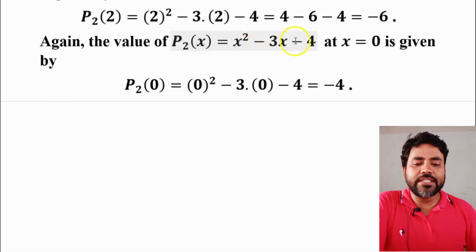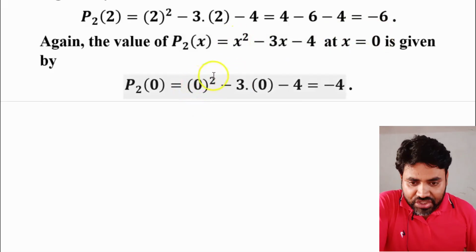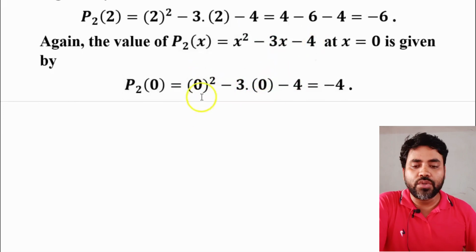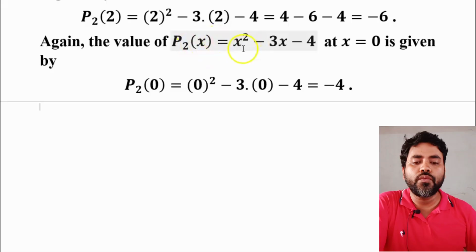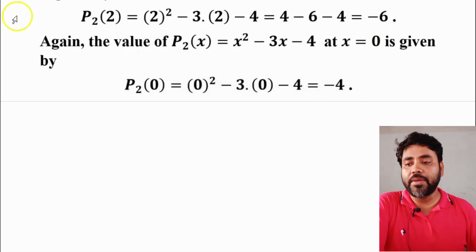Take this polynomial x square minus 3x minus 4. If we replace x by 0, we get 0 square, 3 into 0, minus 4. So it gives minus 4. So the value of p2(x), which is x square minus 3x minus 4, at the point x equal to 0 is minus 4.